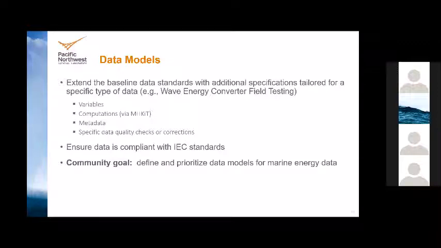We want to make sure that we're compliant with all the relevant standards, and that we make use of our MHKit toolkit for all the relevant computations that you might need. And so we would love to work with you to define and prioritize these data models. Our long-term goal is that we could identify the really important ones, certain types of data that are being produced the most often, and maybe target those first.